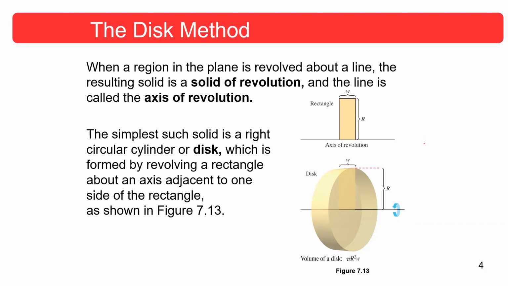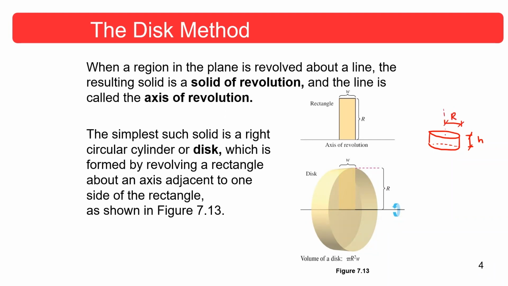And then the disk, if I redraw that horizontally, it would be something like this. That one is what you call the height or the width. In our case, let's just say height or width. This one is the radius.